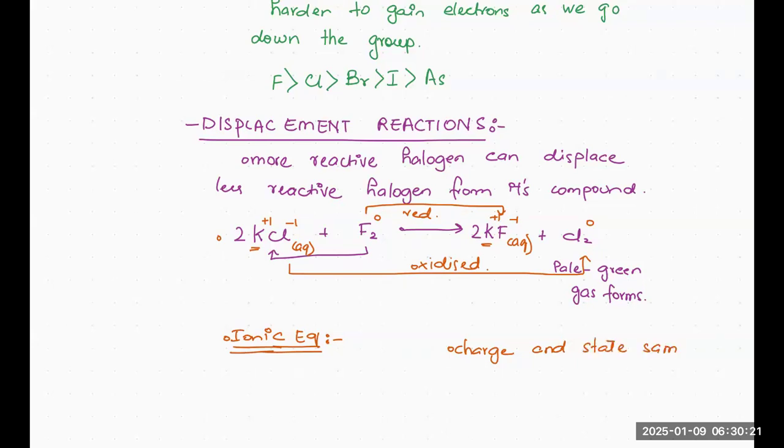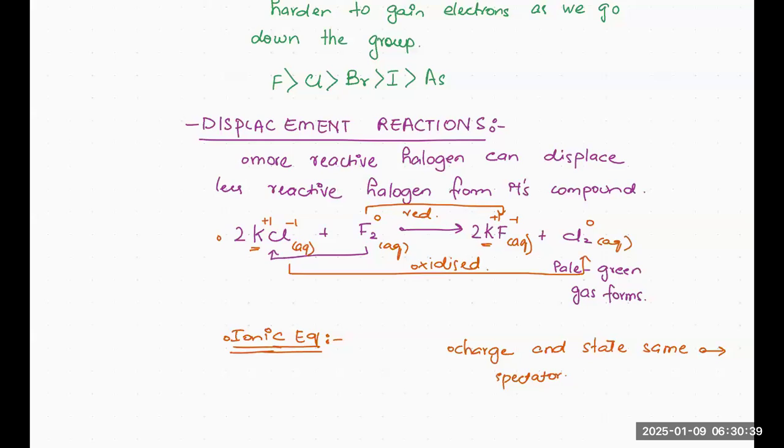Whenever you're writing down an ionic equation, first write down the charges and the state. Then identify your spectator ion. So potassium is a spectator ion. So remove the spectator ion and copy the equation as it is. Okay, so I will not write down potassium.